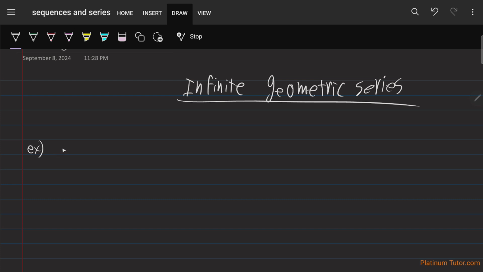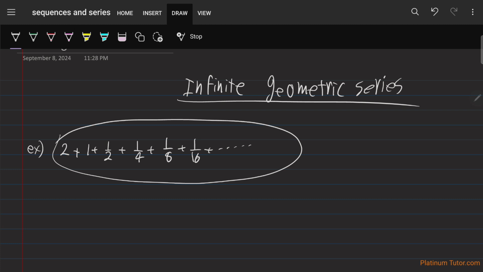For example, 2 plus 1 plus 1/2 plus 1/4 plus 1/8 plus 1/16 plus so on. If we keep doing this forever, we would call that an infinite geometric series because it keeps going forever.